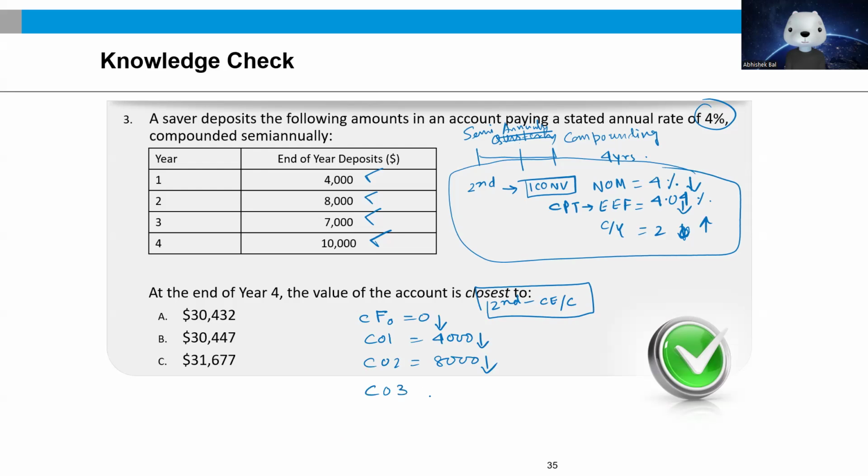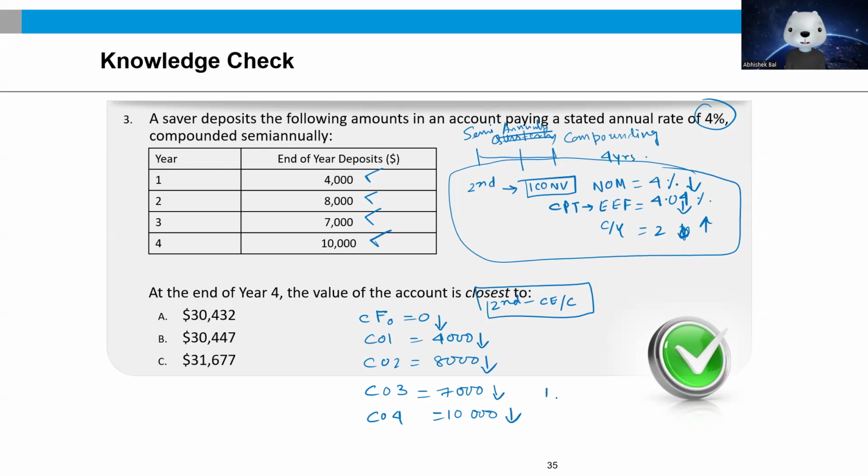Then C03, feed in 7,000. And C04, feed in 10,000. Now we have got all of them. I want you to press the NPV button.